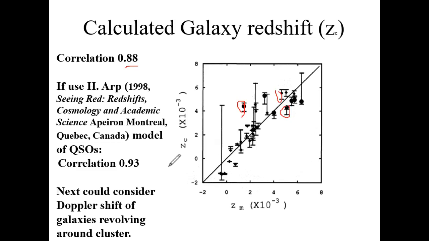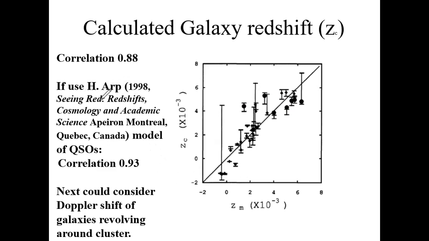One of the things I note about these outliers is that they all have a QSO close to their line of sight. Here's Halton Arp's Seeing Red book that he wrote.